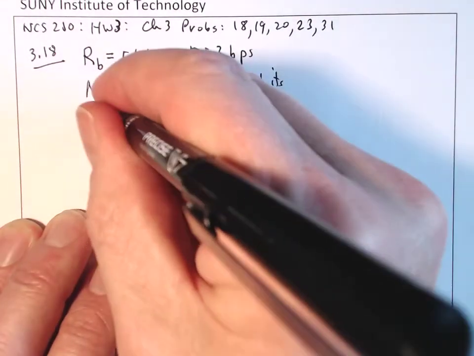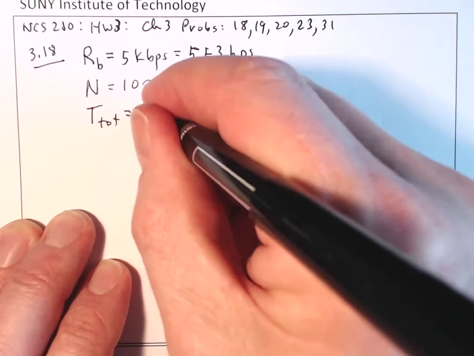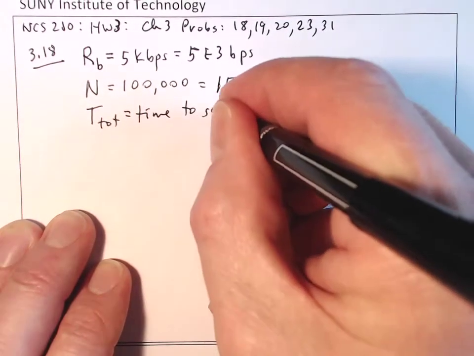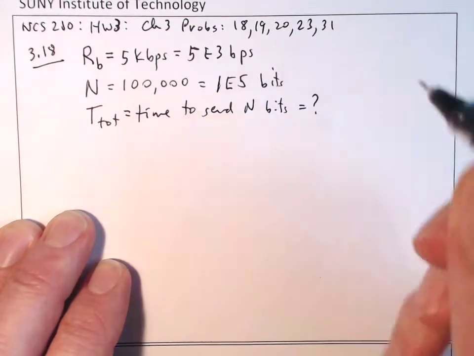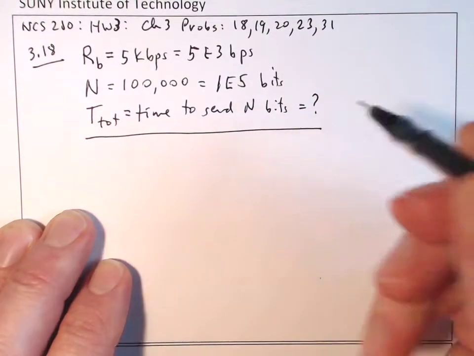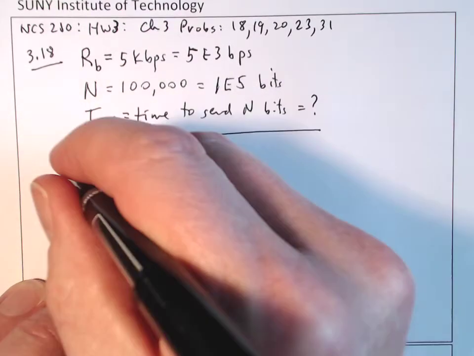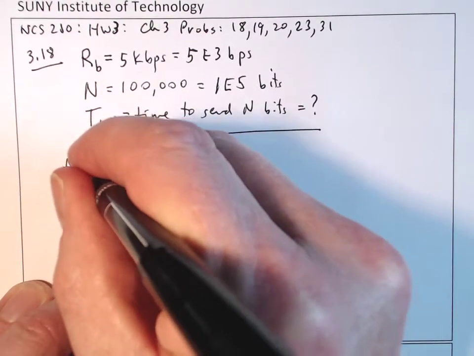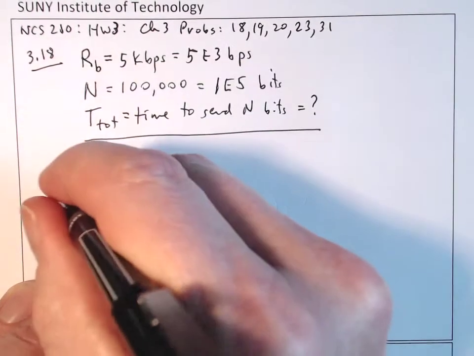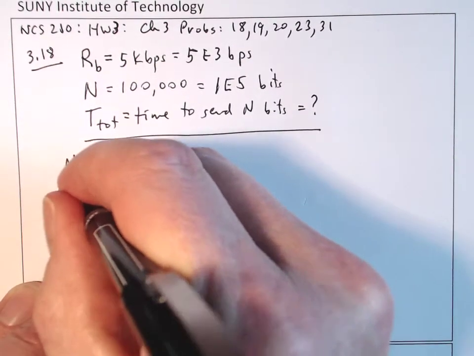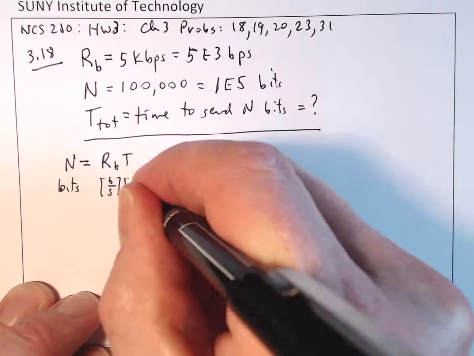The question is T total, the time to send n bits, is equal to what? Well, we know fundamentally that n, the number of bits, is the data rate times the total time: bits per second times seconds.